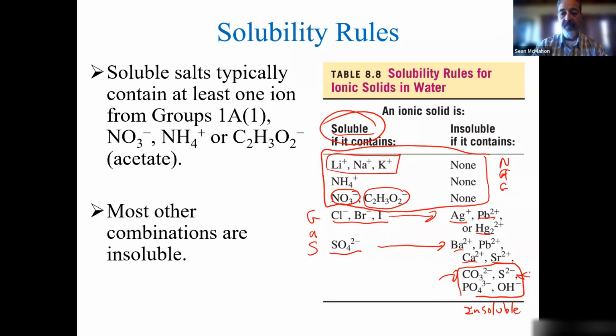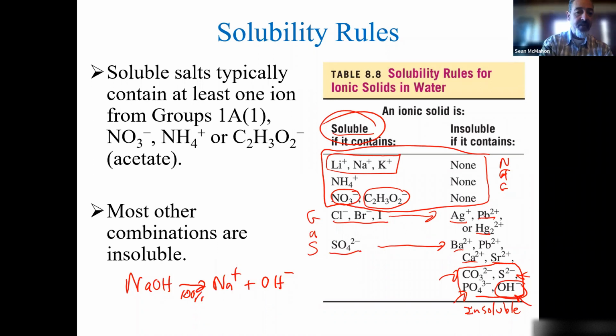Carbonates, sulfides, phosphates, hydroxides, they're all insoluble. Now, someone might say, well, last lecture, when we were talking about electrolytes, you said sodium hydroxide was a strong base and dissociates completely 100% of the time into ions. So if it completely dissociates because it's a strong base, why are you saying hydroxides are insoluble?